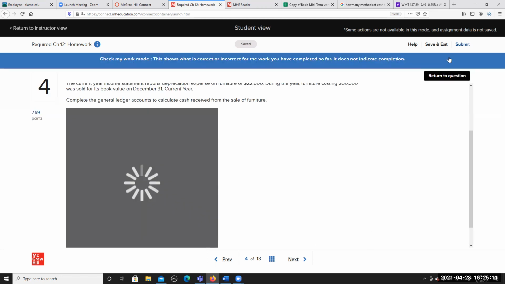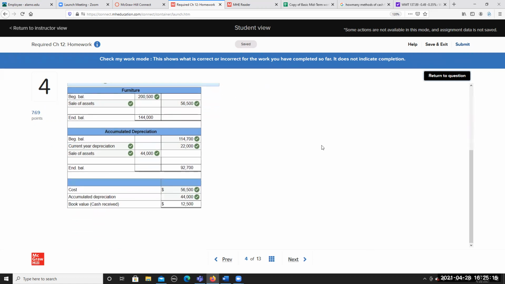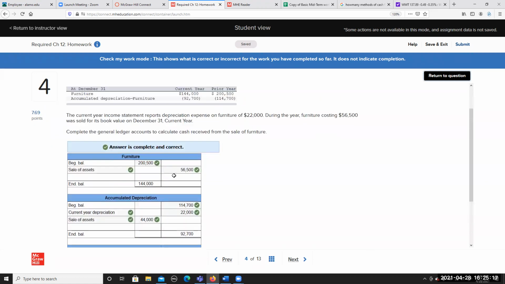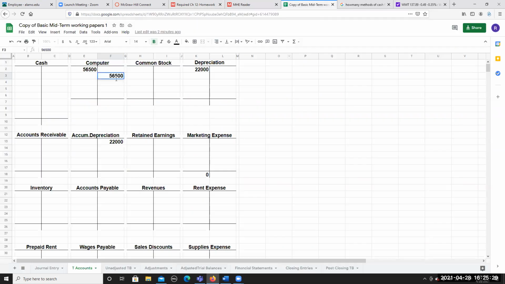Let's see if we got it right. There we go. And how do we figure those out? Just go with what you know at first. Beginning balance. Get rid of an asset. And remember, if the cost was 56.5 and the accumulated depreciation is 44, then the credit doesn't match the debit, right?